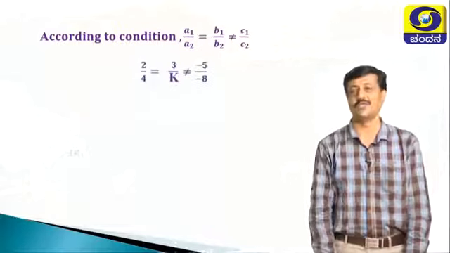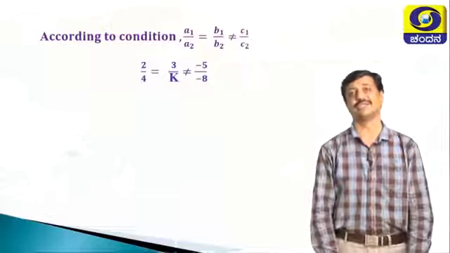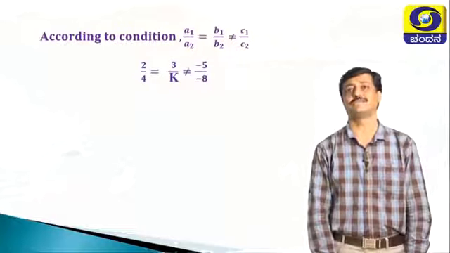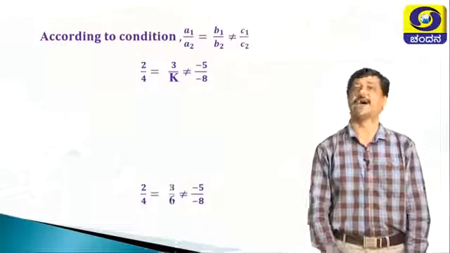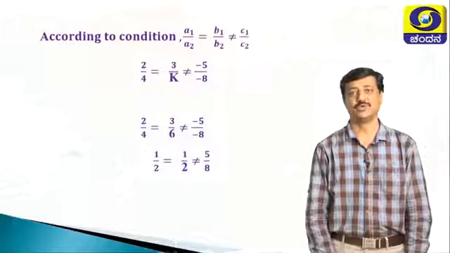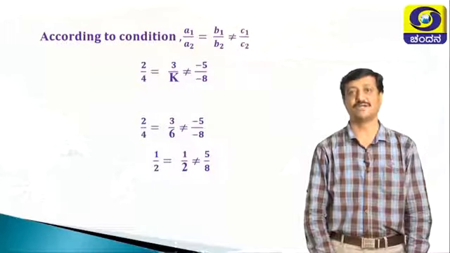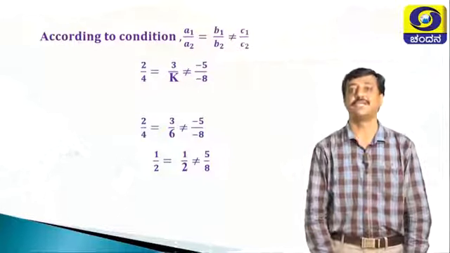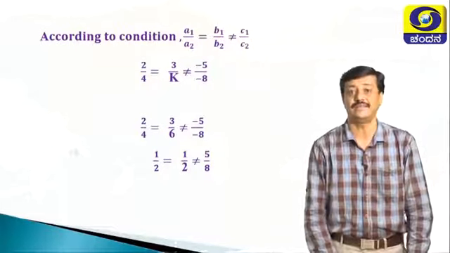If you substitute the values in the condition, you get 2 by 4 equal to 3 by k but not equal to minus 5 by minus 8. After simplification, you will get 1 by 2 equal to 1 by 2 but not equal to 5 by 8, only after substituting the k value as 6.